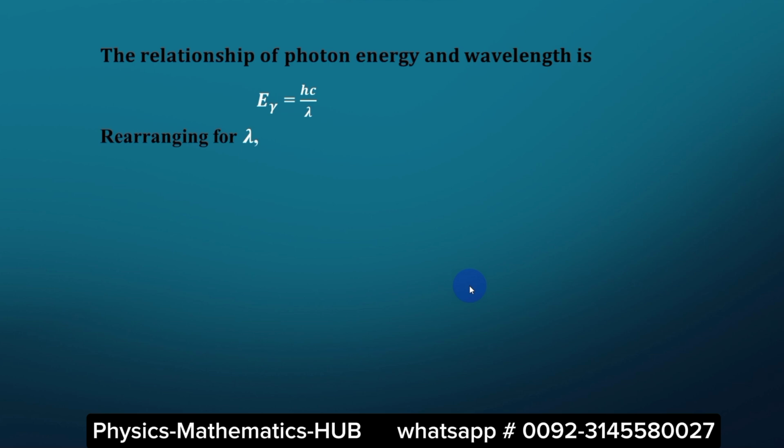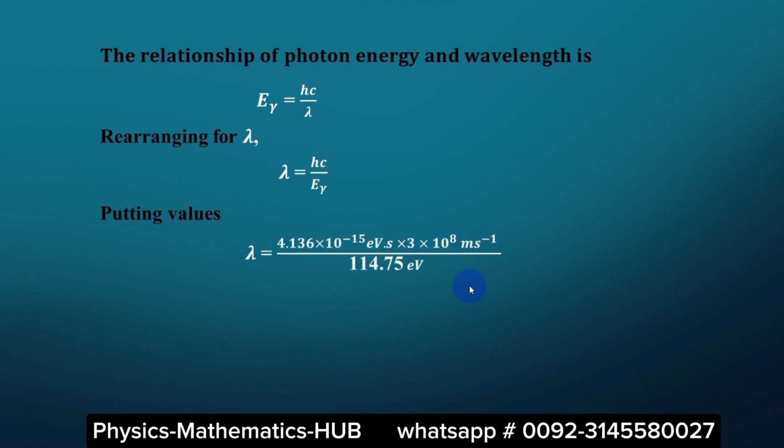Rearranging the above equation for lambda, we get lambda is equal to hc divided by E gamma.